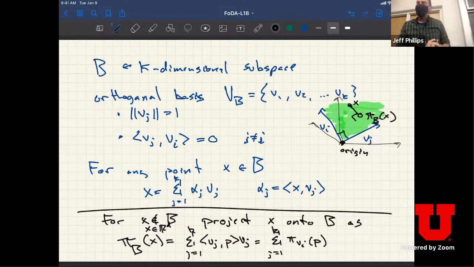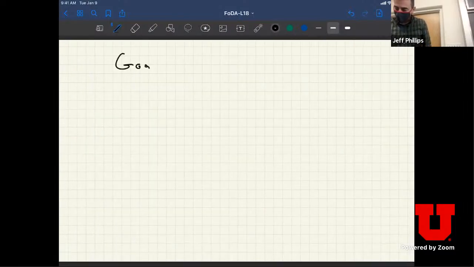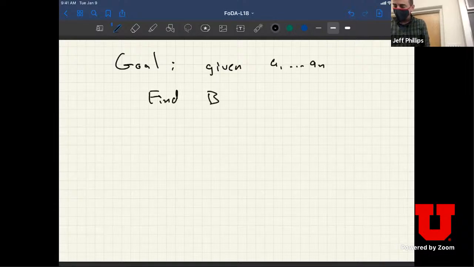Okay, so let me just state the goal of what we're going to be doing, and then we'll stop here. The goal is, given a1 up to aN, find B of dimension k to minimize the sum of squared errors.